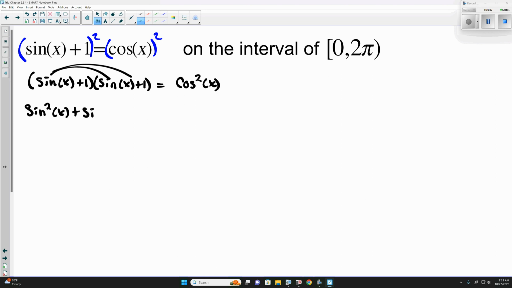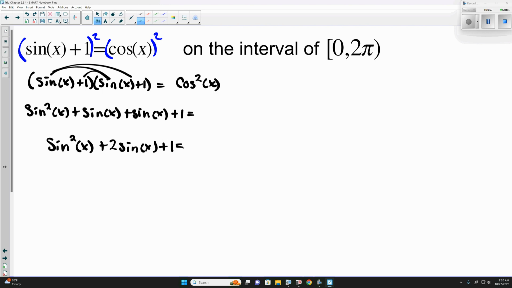We have plus sine of x, because our sine of x times 1, 1 times sine of x would be plus sine of x, and 1 times 1 is 1. And what this gives us is sine squared of x plus 2 sine of x plus 1. I think we feel pretty comfortable with multiplying that out, yes?